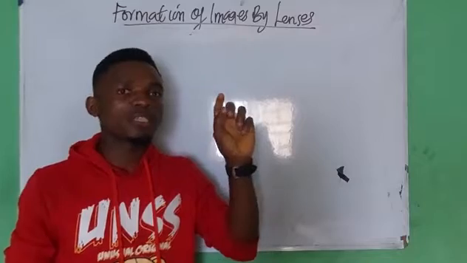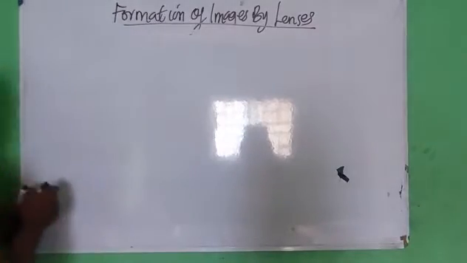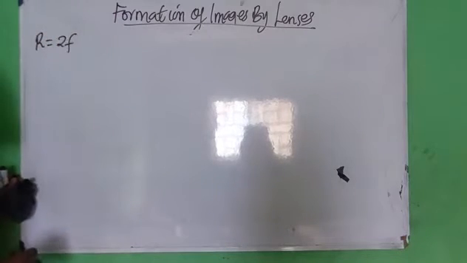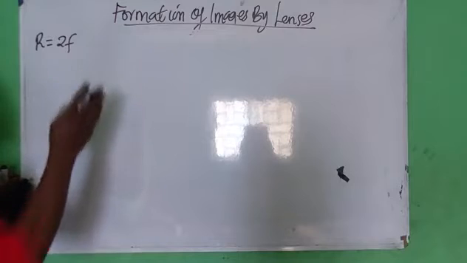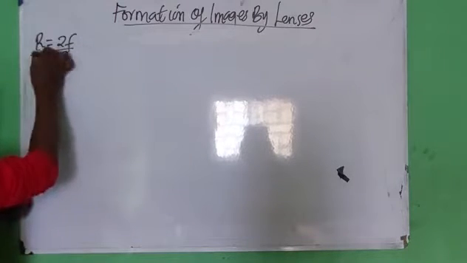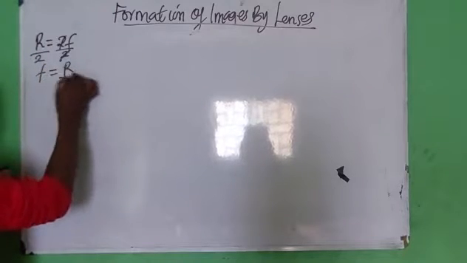And please, we said that in mirrors, the radius of curvature is twice the focal length. That is, radius of curvature is equals what? Twice the focal length. But in lenses, that is not the case. If I should express this, I'll be having f equals R over 2.